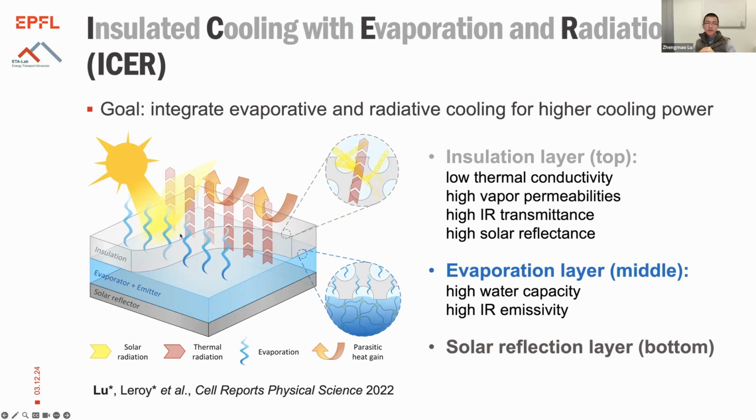The question remaining is about the materials. For the solar reflection layer, we have the option to use the radiative cooling material that is a 3M ESR film, enhanced spectral reflector. So it has very high solar reflectance and is often used as a reference radiative cooler in radiant cooling devices. But in this case, we're just using this solar reflectance.